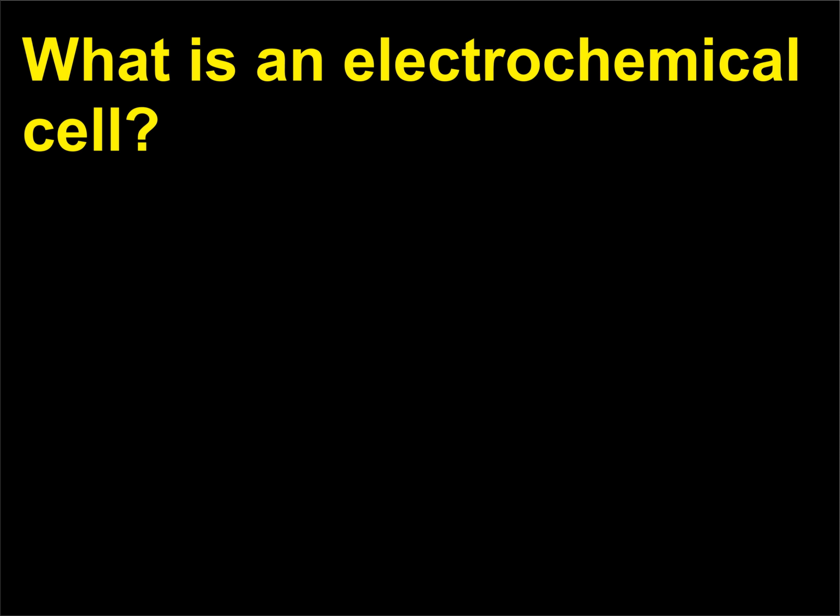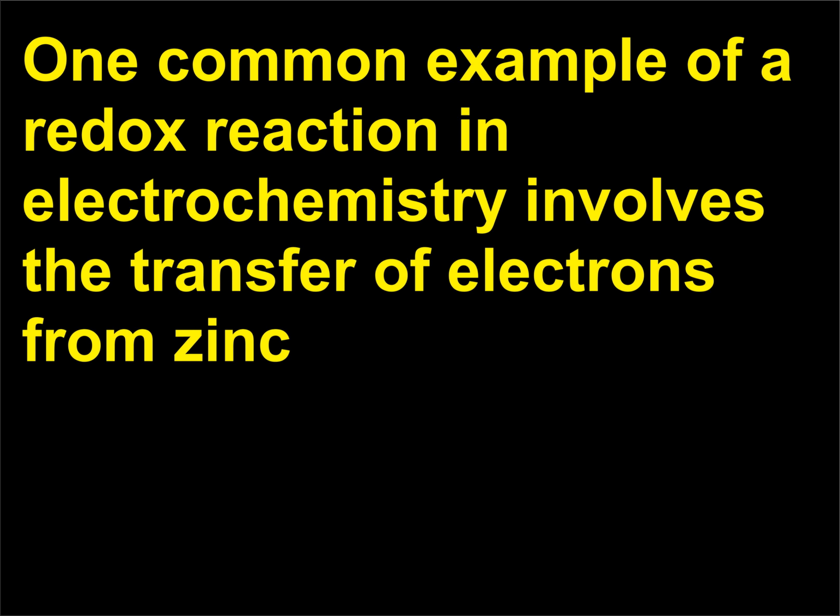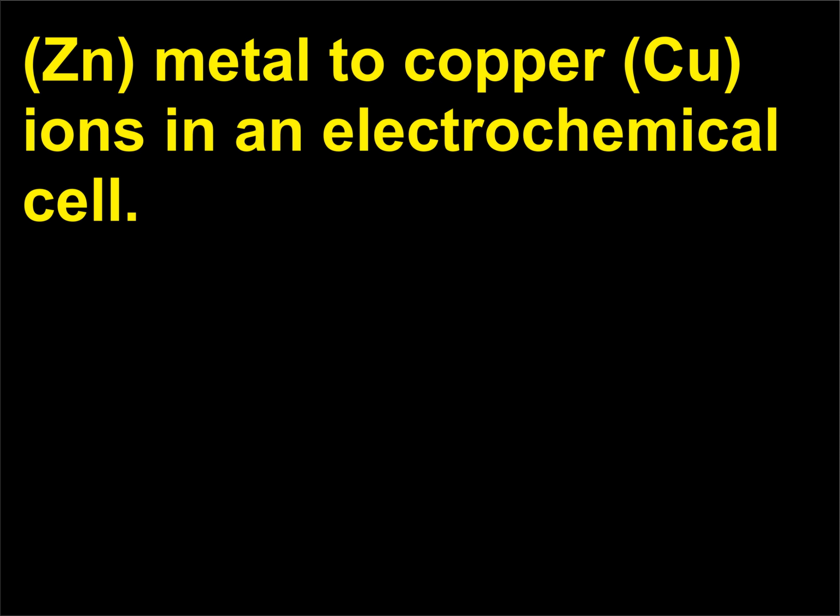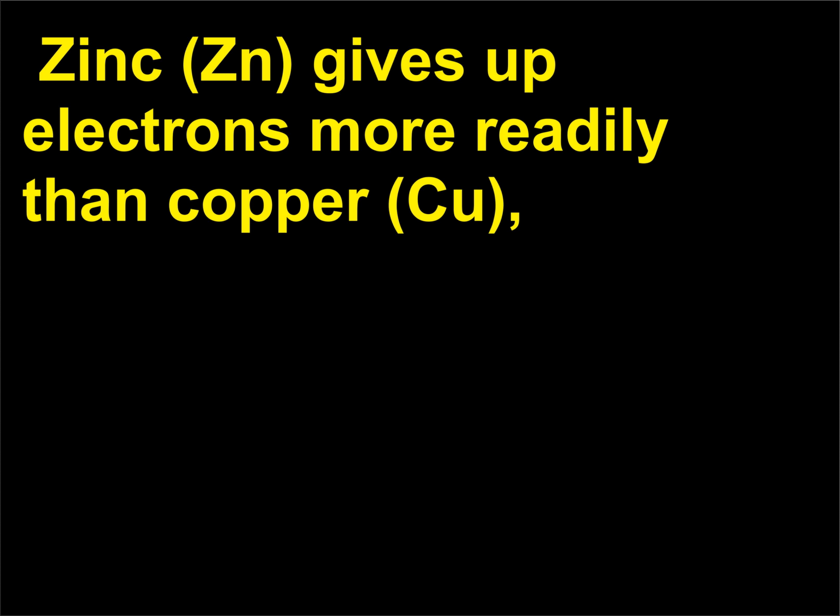What is an electrochemical cell? One common example of a redox reaction in electrochemistry involves the transfer of electrons from zinc, Zn, metal to copper, Cu, ions in an electrochemical cell. Zinc, Zn, gives up electrons more readily than copper, Cu.